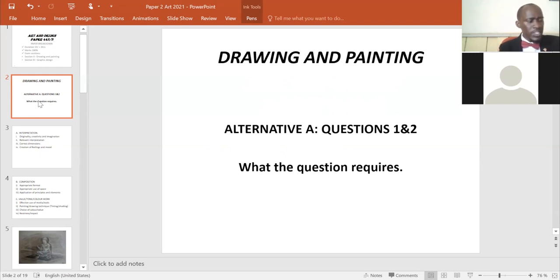So the drawing, for instance, you're given a question like this, K.C.S.E 2016. In pencil, charcoal, biro, or pen and ink, depict a pictorial composition based on the theme, assisting victims of disaster.